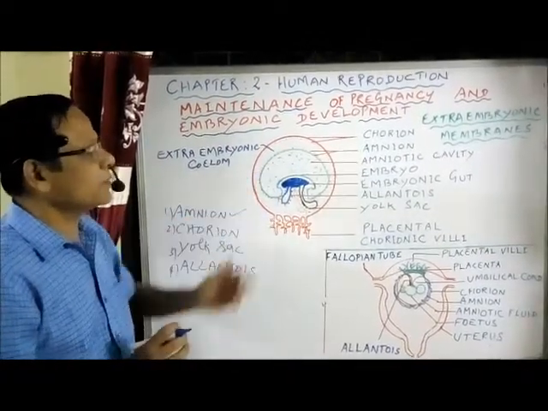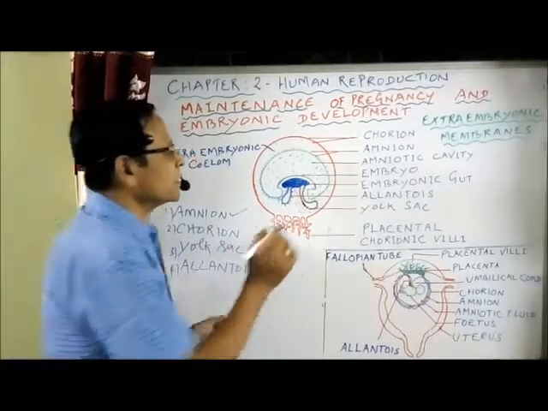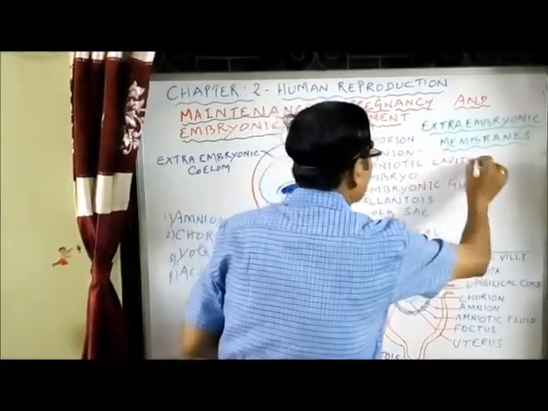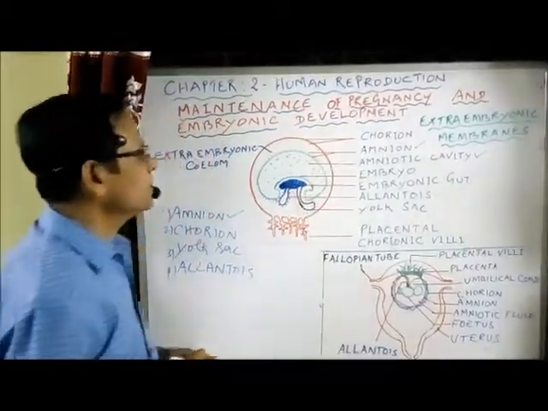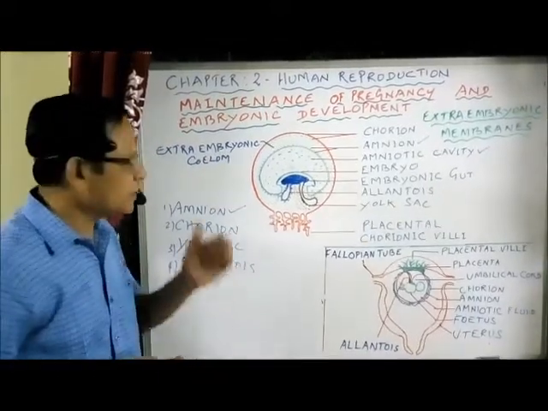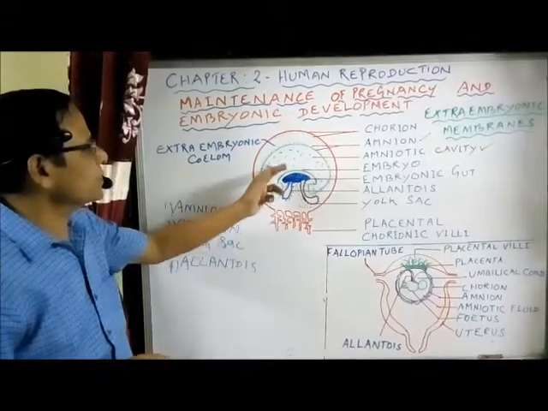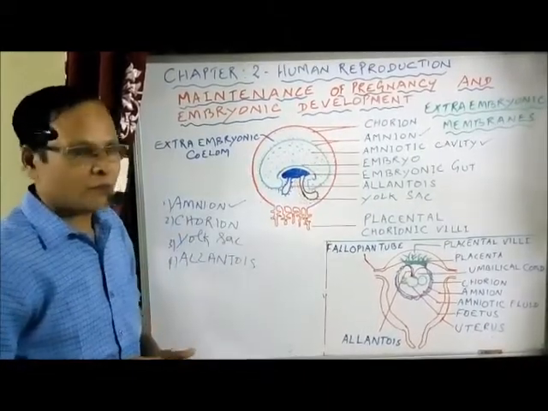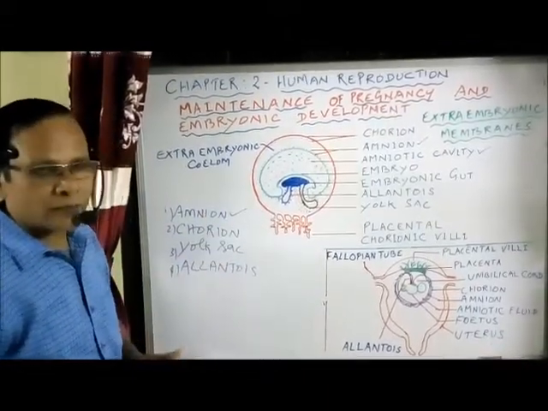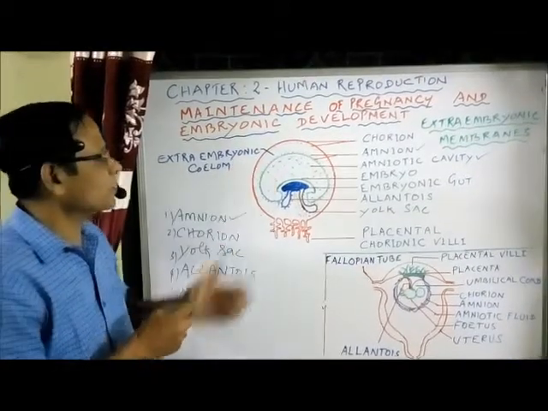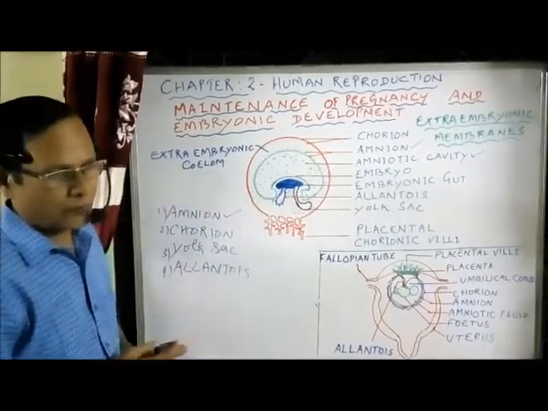The cavity is called the amniotic cavity, filled with amniotic fluid. So the amnion is a double-layer translucent membrane covering the embryo, having an amniotic cavity filled with amniotic fluid secreted by the amnion and also by the embryo.